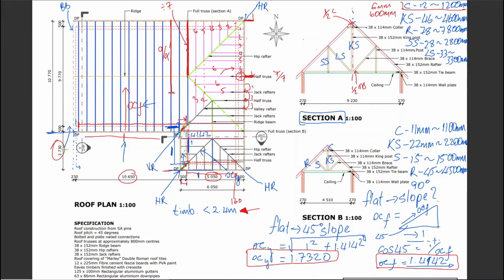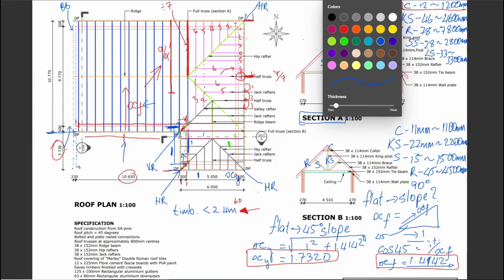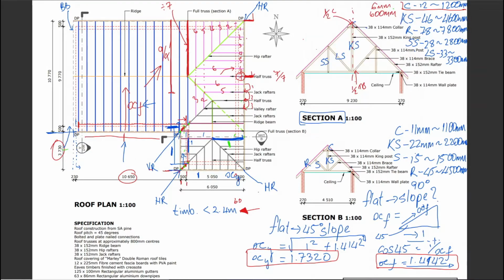And how much over? Well, we can see. Okay, let's try to make this a bit clearer. I apologize for this, guys. Okay. This is one. We want to make that one.